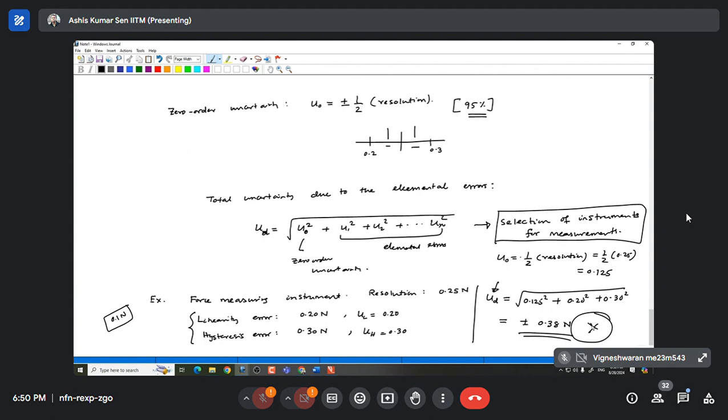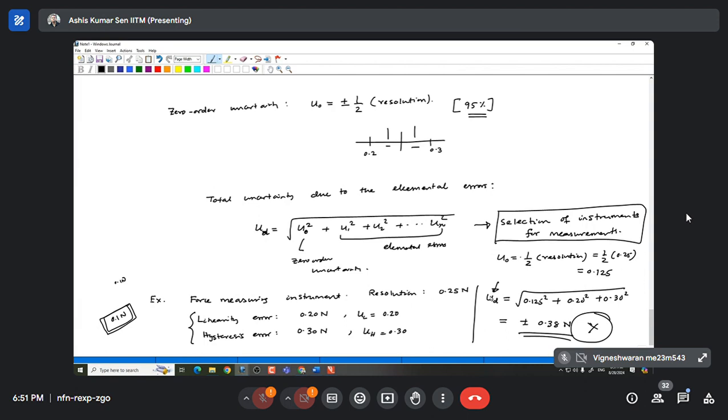Yeah, I said that if you have a requirement that you want to measure force to the level of 0.1 Newton, then this particular force measuring instrument is not good enough for you, because the resolution of your measurement is less than the design stage uncertainty that you have for this instrument. Yes. Fine.